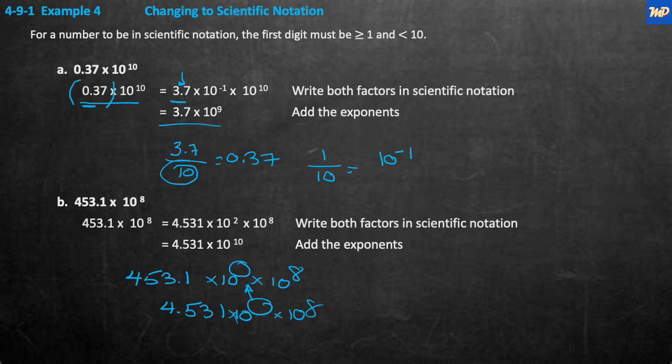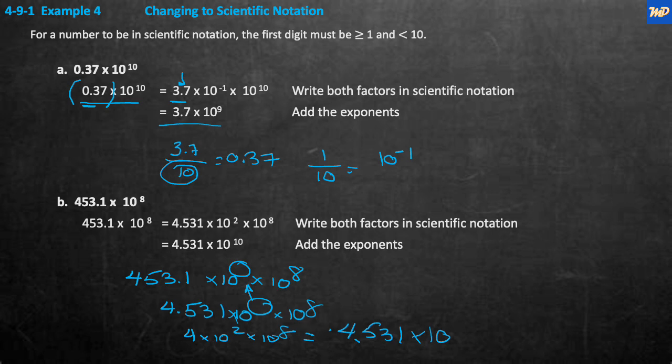So here's where we are, and here's where we want to be. What did we have to do to this number to get this? Oh, well, this is 450, this is 4.5, so we have to multiply by 100. So that would be 4.531 times 10 squared times 10 to the 8th. To what power?